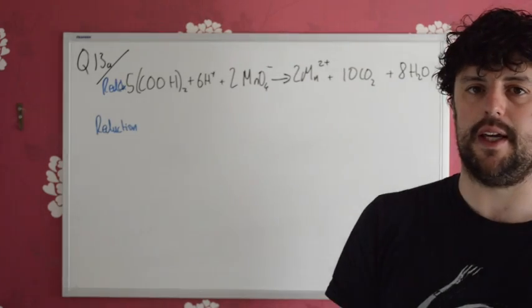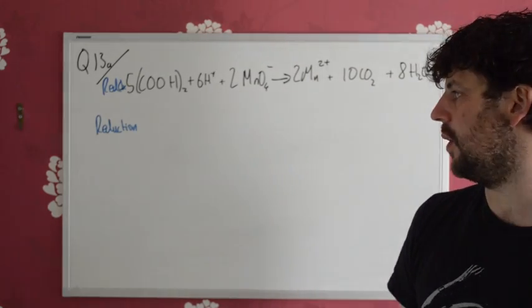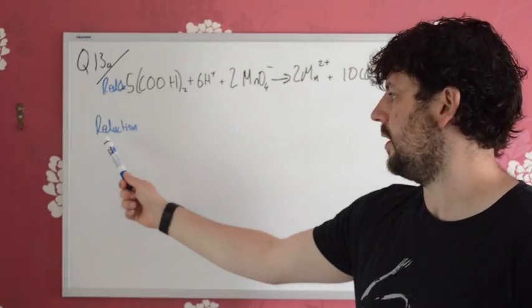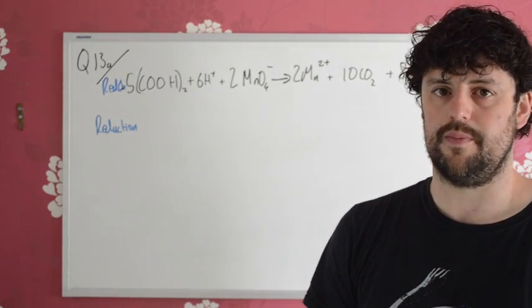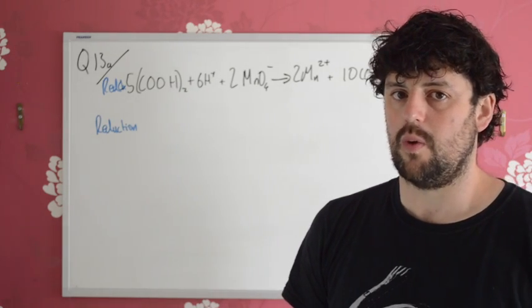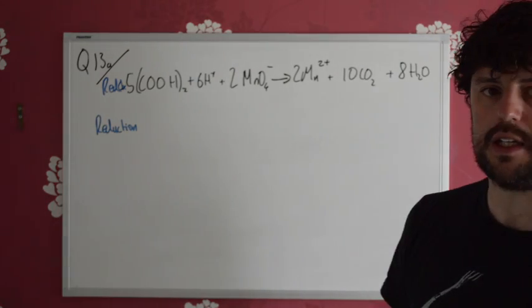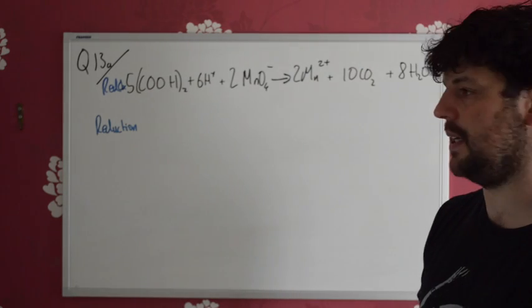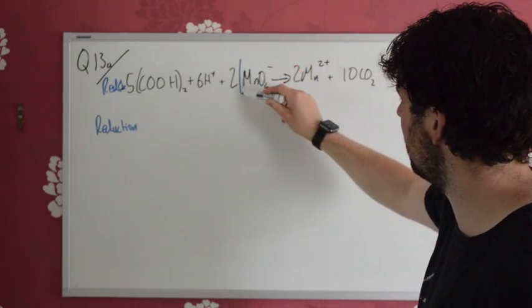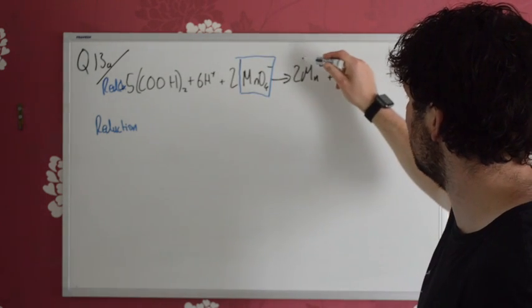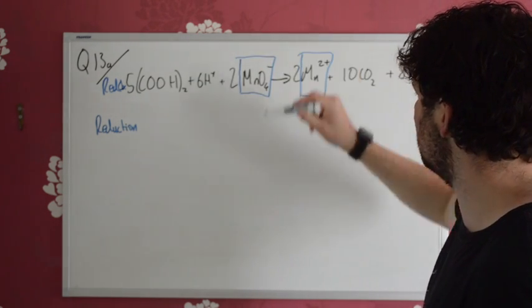Question 13a. In this question, you are asked to write the ion-electron equation for the reduction reaction from the redox equation. The first thing you need to do is identify what species is being reduced. If we look up here, we can see that the manganate is reacting to form manganese.